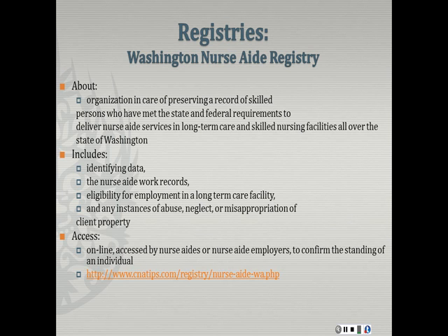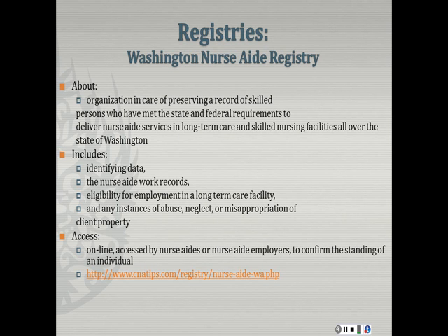And what is included in this is the identifying data, the nurse aide's work records, their eligibility for employment in a long-term care facility, and the big one is if there are any instances of abuse, neglect, or misappropriation or stealing of the client's property. And this all can be accessed online.